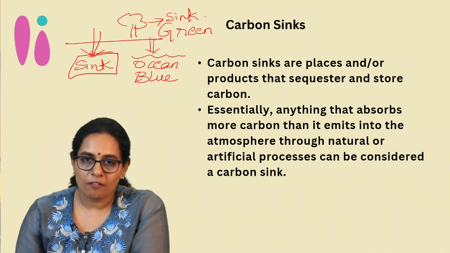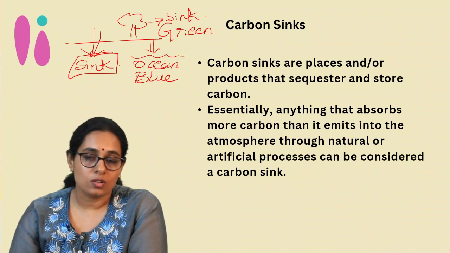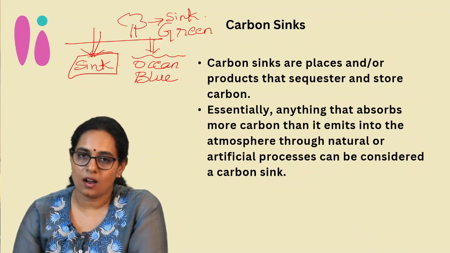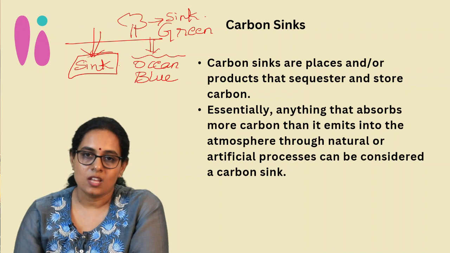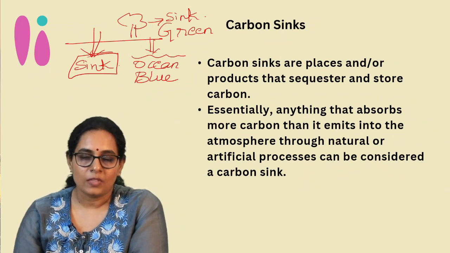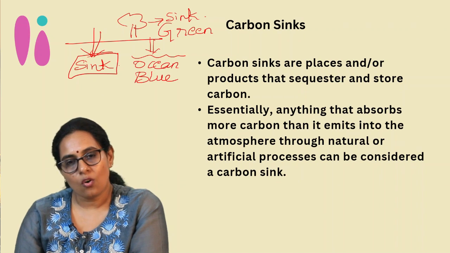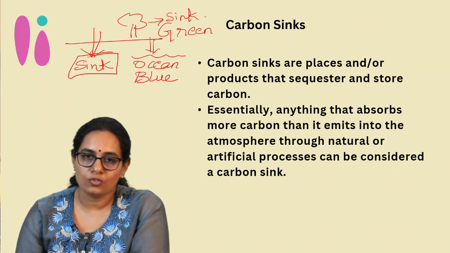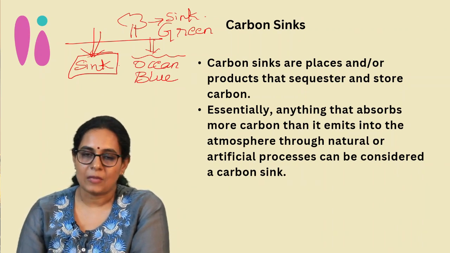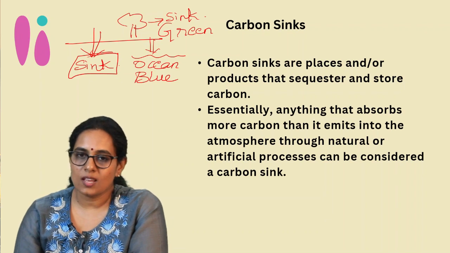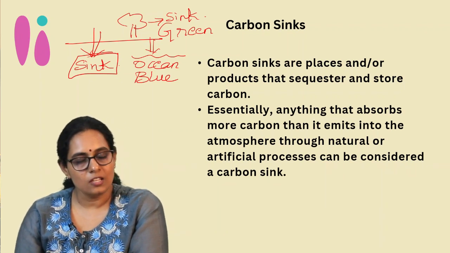So as we are aware that almost 37,000 gigatons of carbon is stored in the oceans, we should know that blue sink is one of the largest forms of carbon sink. So carbon sequestration is done and carbon is stored.